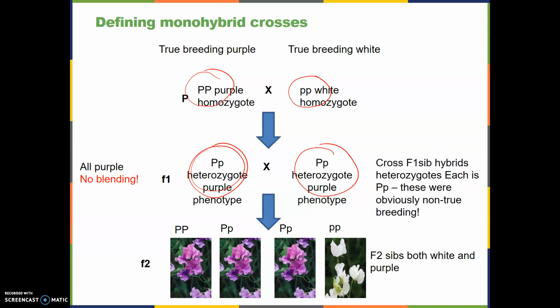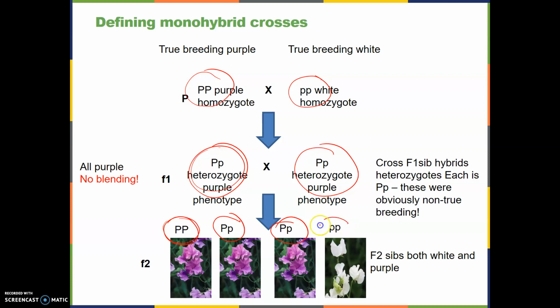And you're going to get these possibilities down here in the F2 generation. The predicted outcome is 1/4 of the offspring are going to have two big P's and they'll show the purple flower color. Half of the offspring, 2/4, are going to have the genotype big P little p and show the purple flower color.